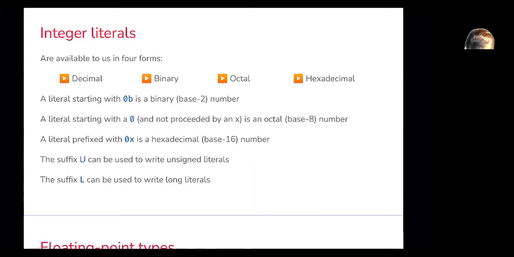So if I were to write something like int i is equal to 0b, this value in base 2 would be stored in the int as, hopefully I calculated this right, 250. And it might be convenient to work in base 2 in some applications.